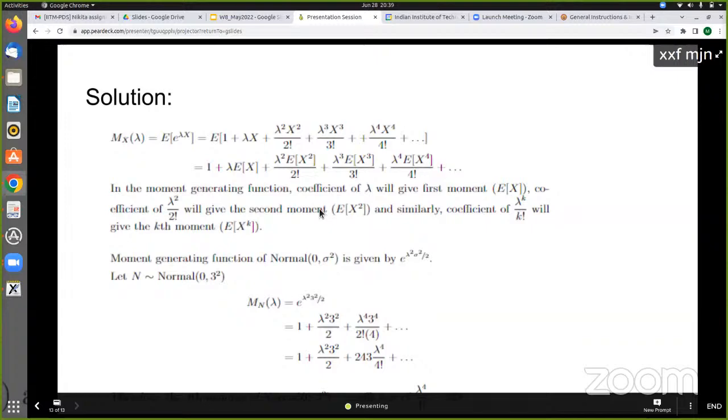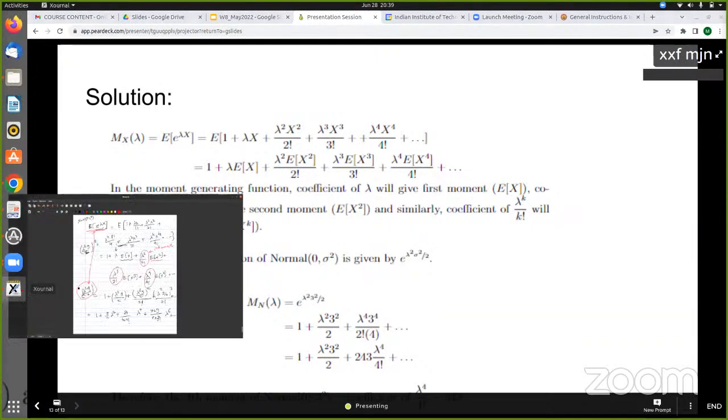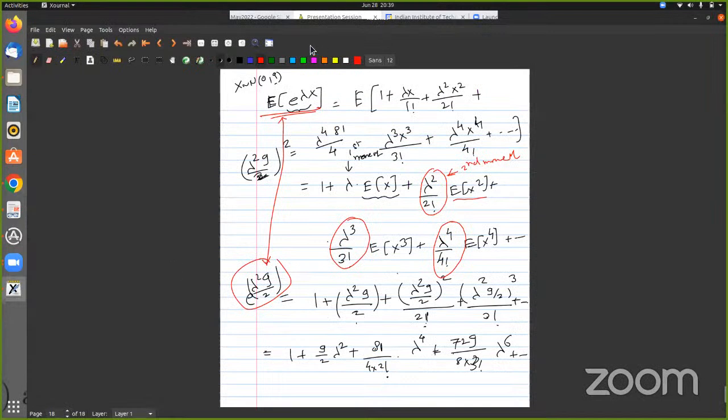Okay, sorry, I did the wrong thing here. Sorry, this is lambda square.